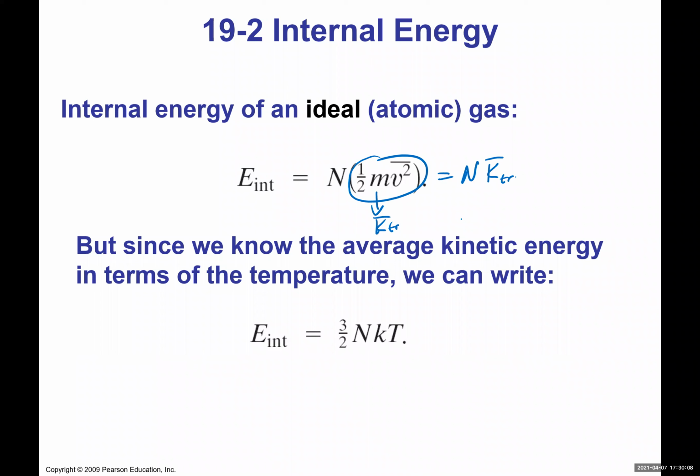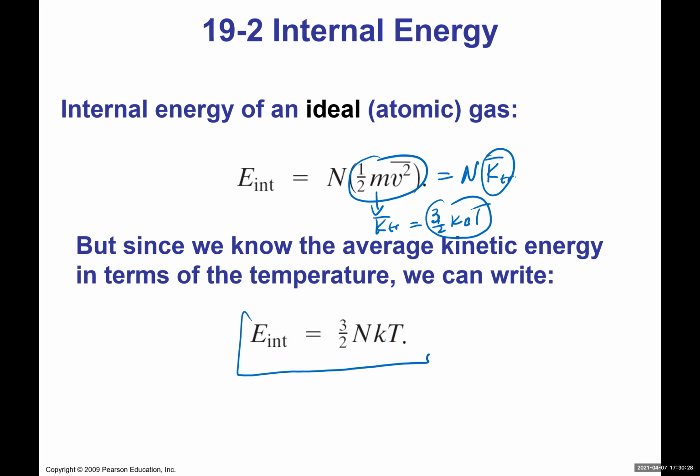But we also know that average translational kinetic energy equals 3/2 kBT. That means if I replace this with 3/2 kBT, then internal energy equals N times 3/2 kBT, or 3/2 N kBT.